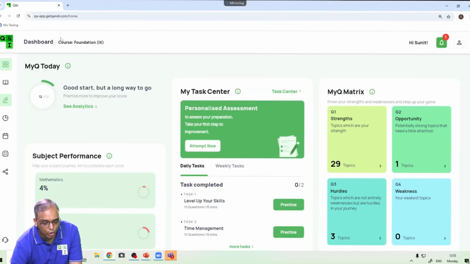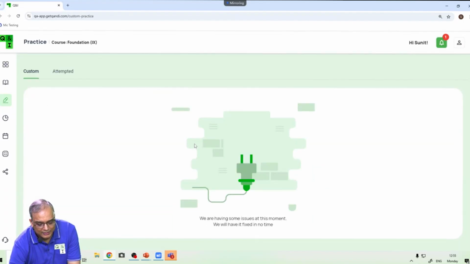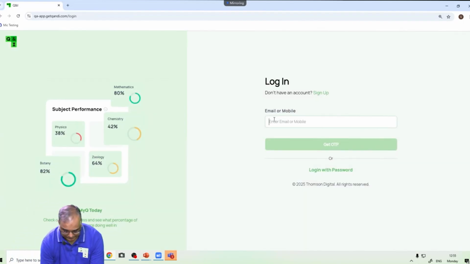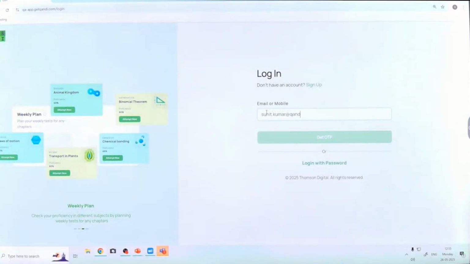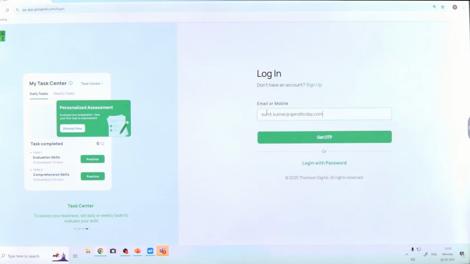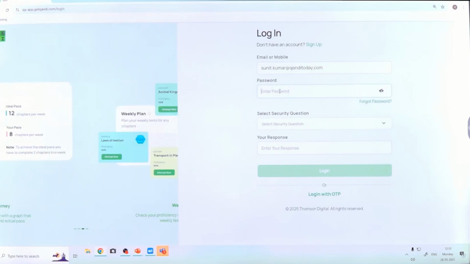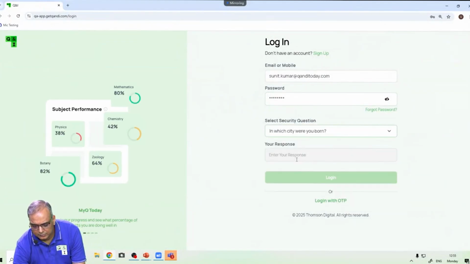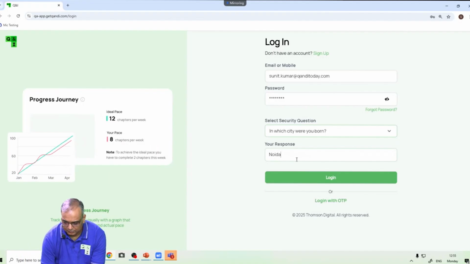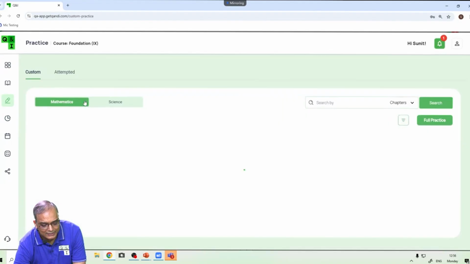When you log in, you have to go to assessment, practice and custom practice.